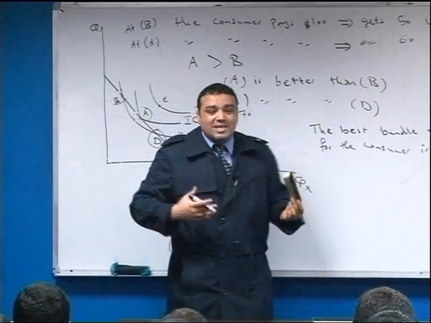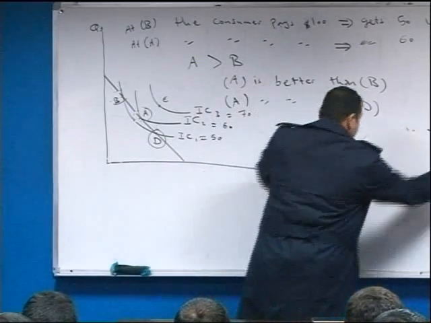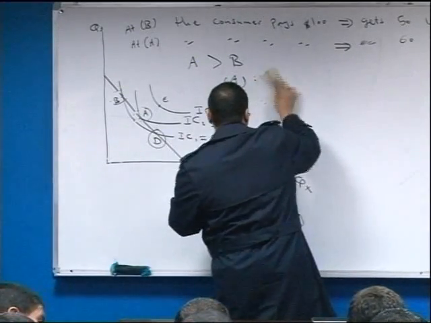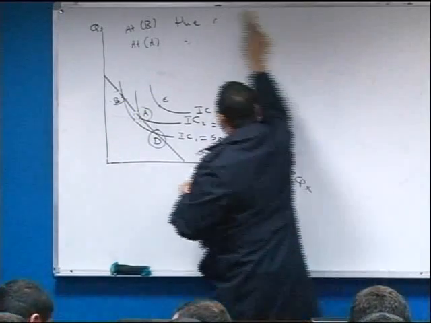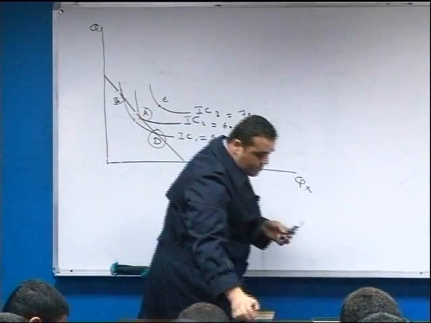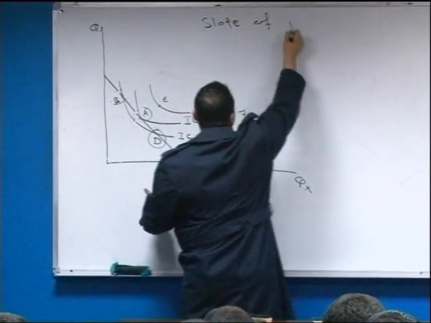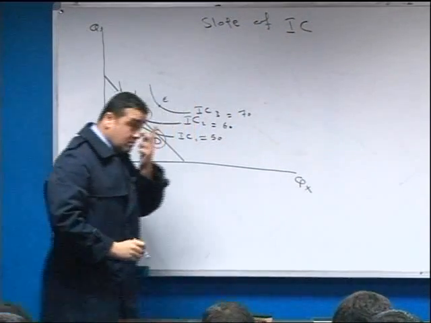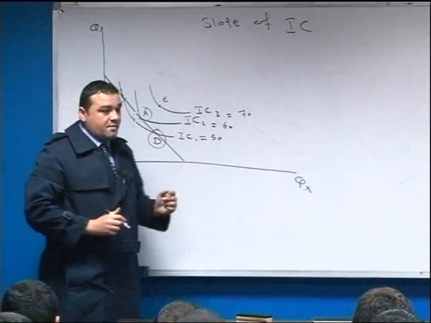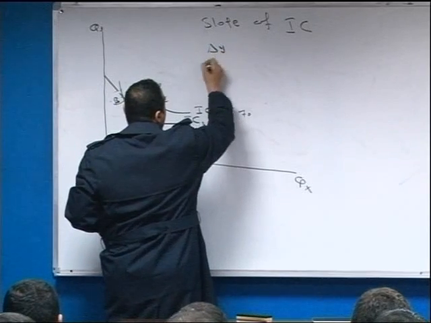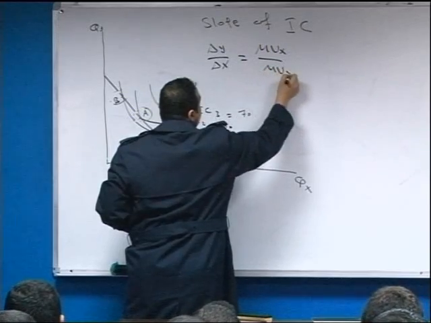So, let's come back to the slope of the indifference curve and the budget line. The slope of the indifference curve: in the previous lecture, we calculated the slope of the indifference curve, which is delta y over delta x equals MUX over MUY.